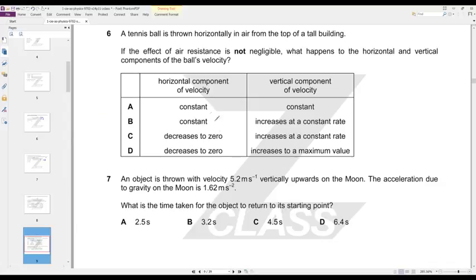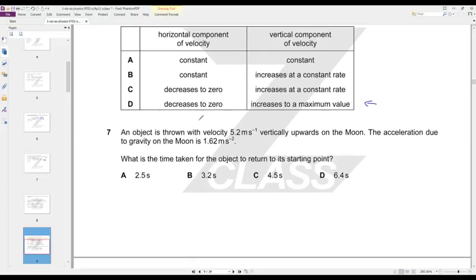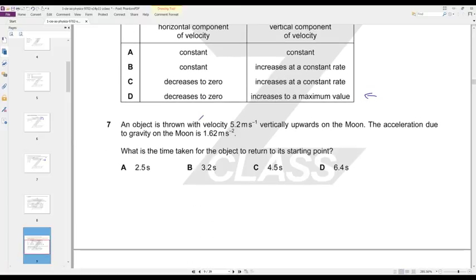Because the horizontal component will decrease to 0 eventually under air resistance. But it would have to travel for a really long time for that to happen. So debatable, but the answer is D, because essentially the point is that your air resistance eventually means that it's no longer accelerating, and indeed that it decelerates to 0 in the horizontal direction.